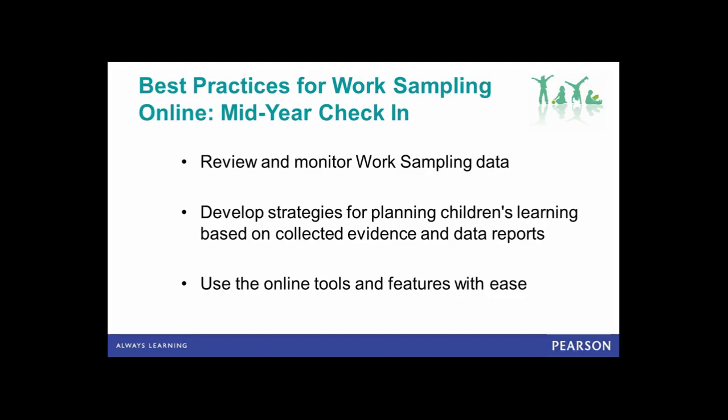We're also going to talk a little bit about how to use all the information that's being collected, the collected evidence or data, or here I'm using the term data reports, to plan for children's learning.